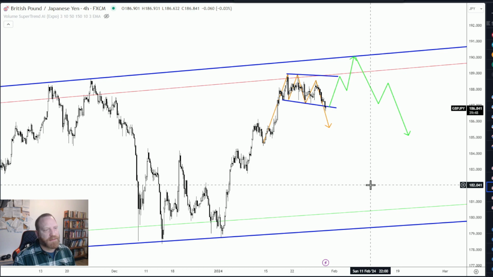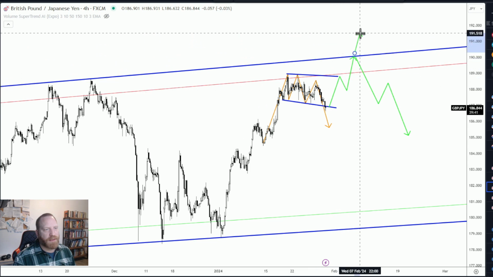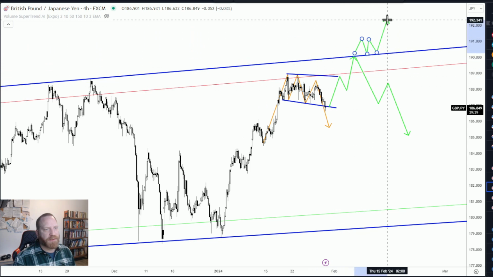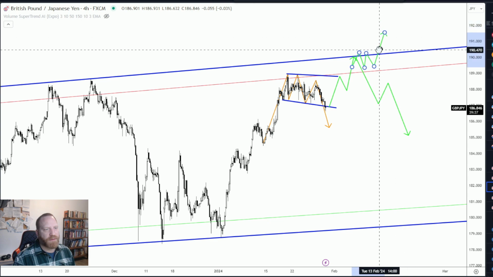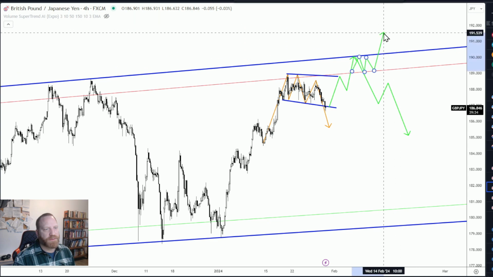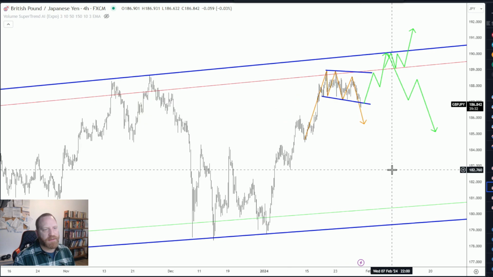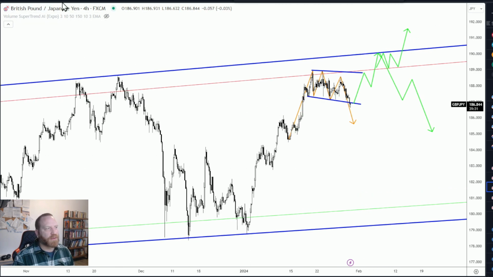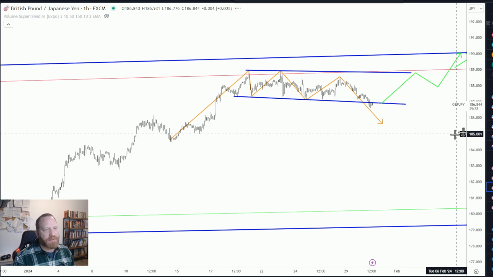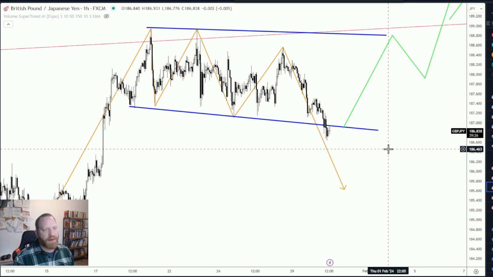And do something like this. It's possible. It could also go beyond. So it's possible that it would start accumulating here and break out, or accumulate there and then break out. So these are all scenarios that are counter to my original idea, which is based on this distribution pattern.